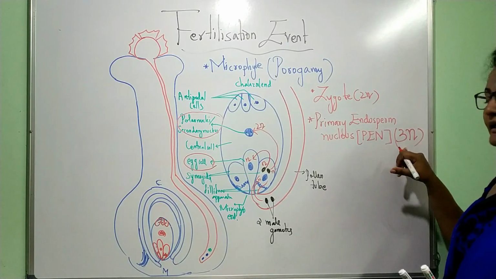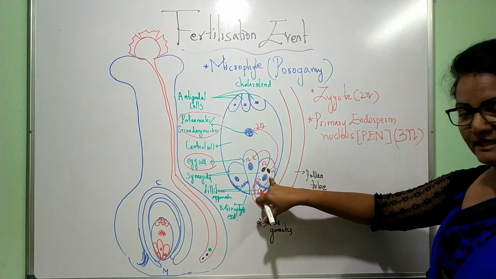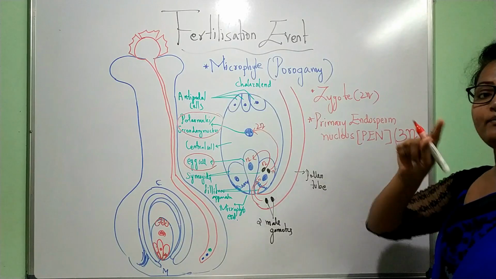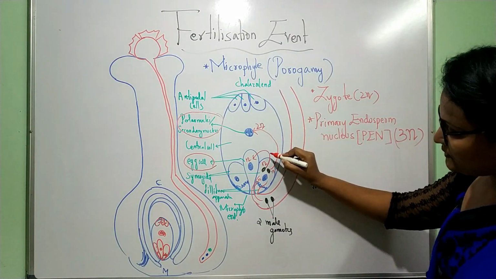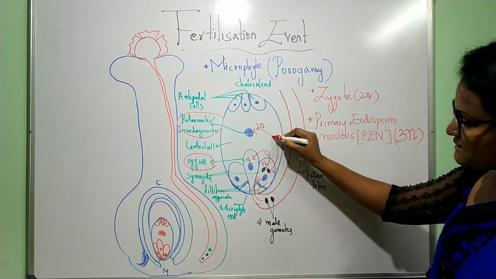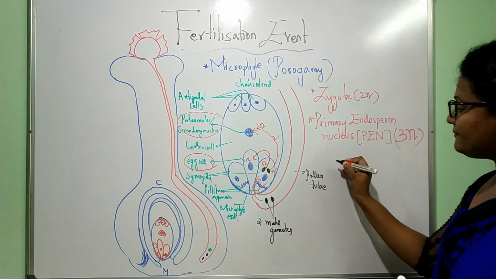How is it 3n? One male gamete which is n and the polar nuclei which is 2n: 2n plus n, 3n.